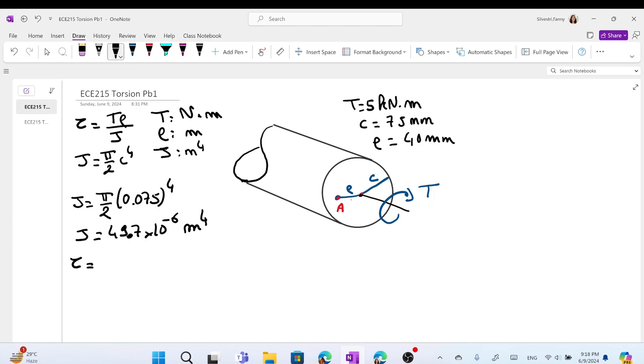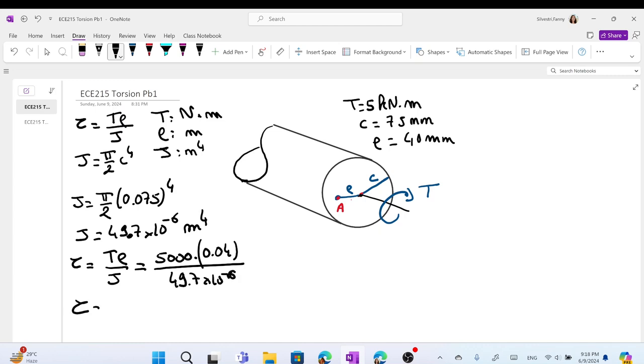Tau now equals T rho divided by J. Let me rewrite the formula. T is in Newton meters, so it's 5 kilonewton meters, so 5,000 Newton meters. Rho will be the distance from the center to A, so that's 0.04 meter, divided by J, that is our 49.7 times 10 to the minus 6.